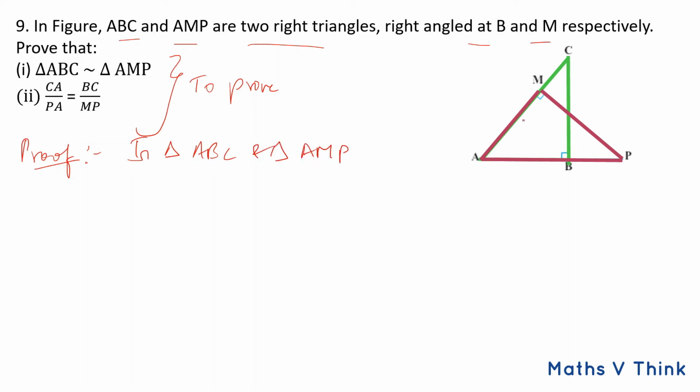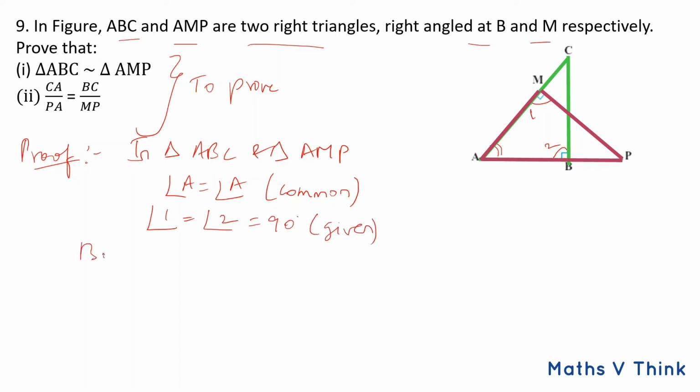When you see these both triangles, we can see that angle A is common, so angle A is equal to angle A. Now in this triangle, this is the right angle. Same way in this triangle, this is the right angle. Both are equal. I'll name the angles 1 and 2. So angle 1 is equal to angle 2 is equal to 90 degrees, which is given.